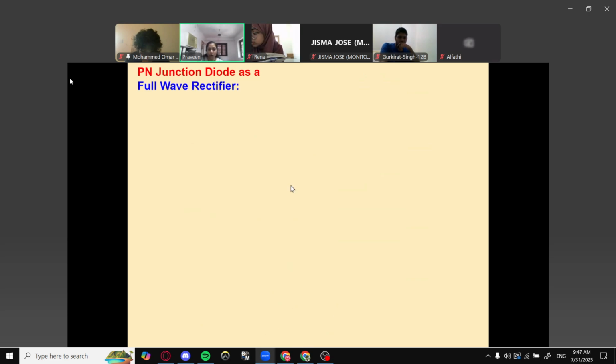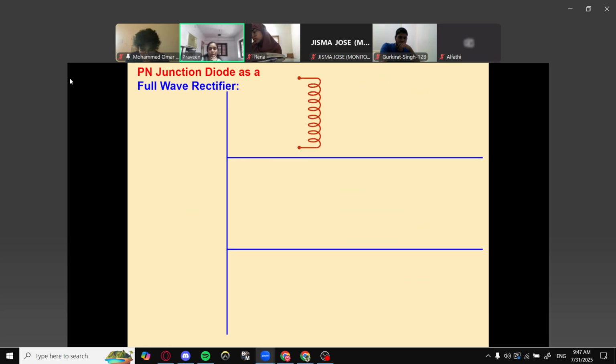Okay. So how can we make a full wave rectifier? In order to get a full wave rectifier, suppose there is a transformer that we are connecting towards a diode D1 and another diode D2, and across that we are connecting a load resistance.